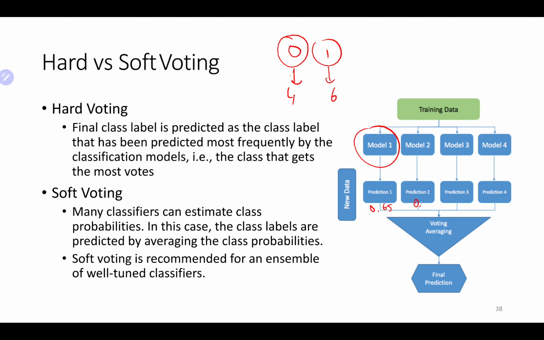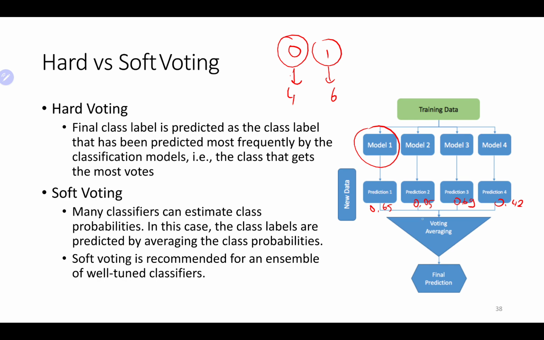So the second will predict a class 1 probability of 0.05 maybe, the other one 0.69, and the final, let's say 0.42.